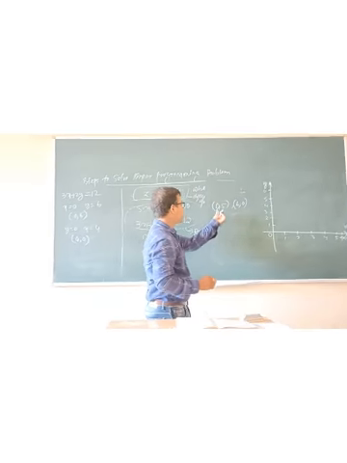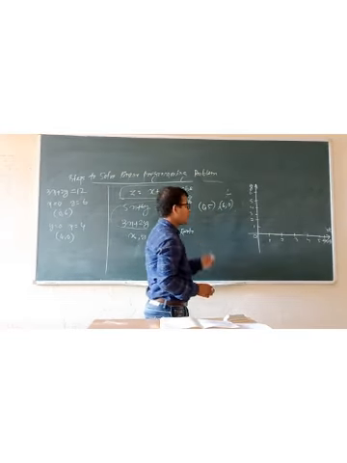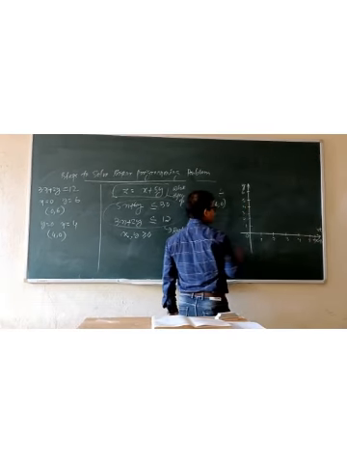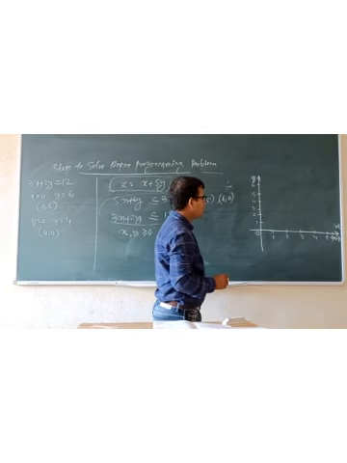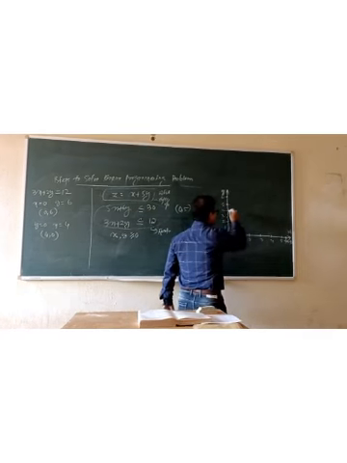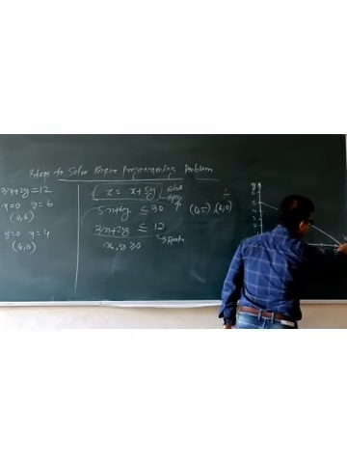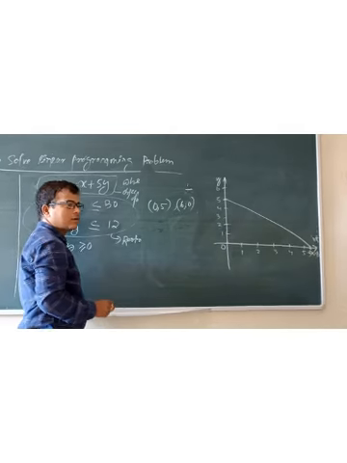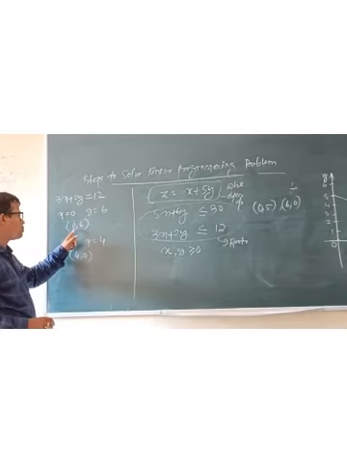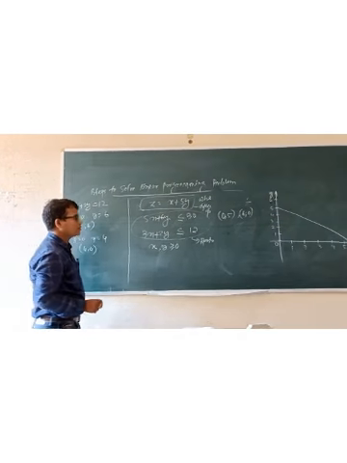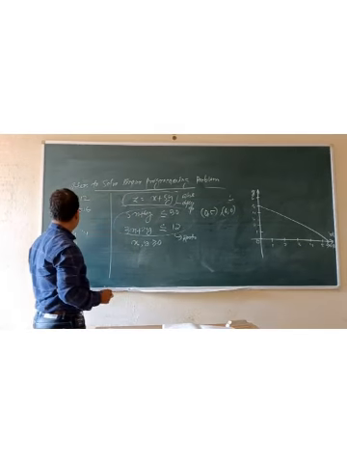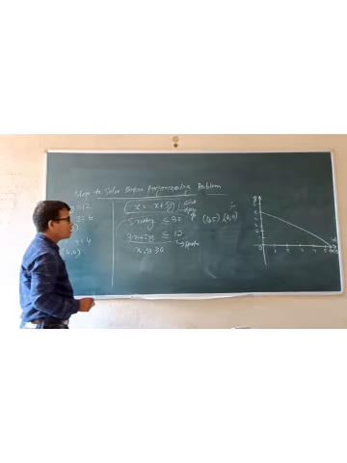The first coordinate, or first point, is 0, 5, from the origin. Second coordinate is 6, 0. So we have to join these two points. Similarly, in the second inequality, the first coordinate is 0, 6 and the second is 4, 0.